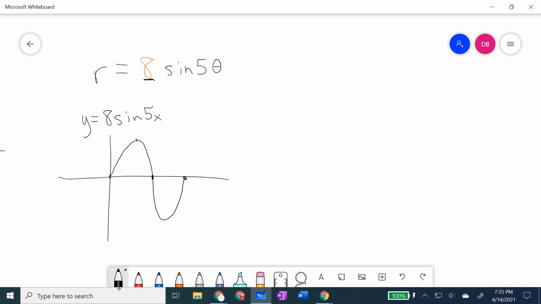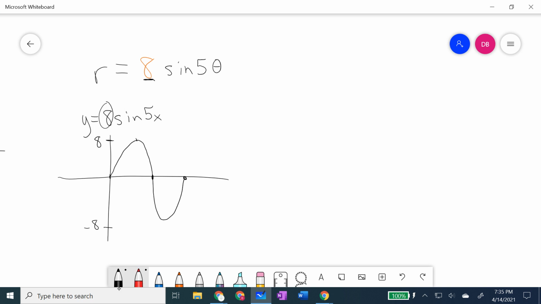So the 8 on my y value is telling me to take that sine graph and stretch it so that instead of going out to 1 and -1, it goes out to 8 and -8 and vertically stretches.